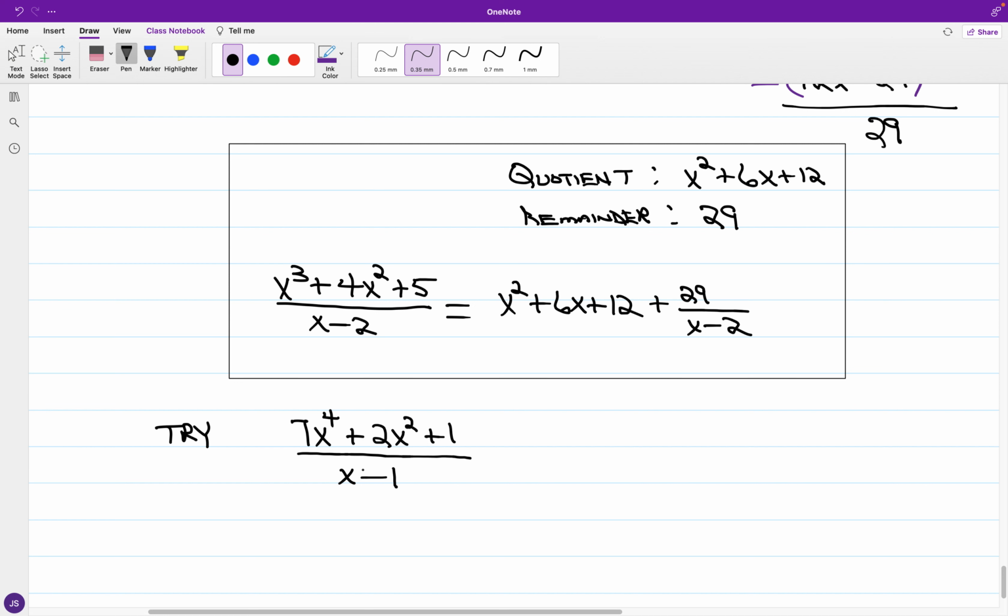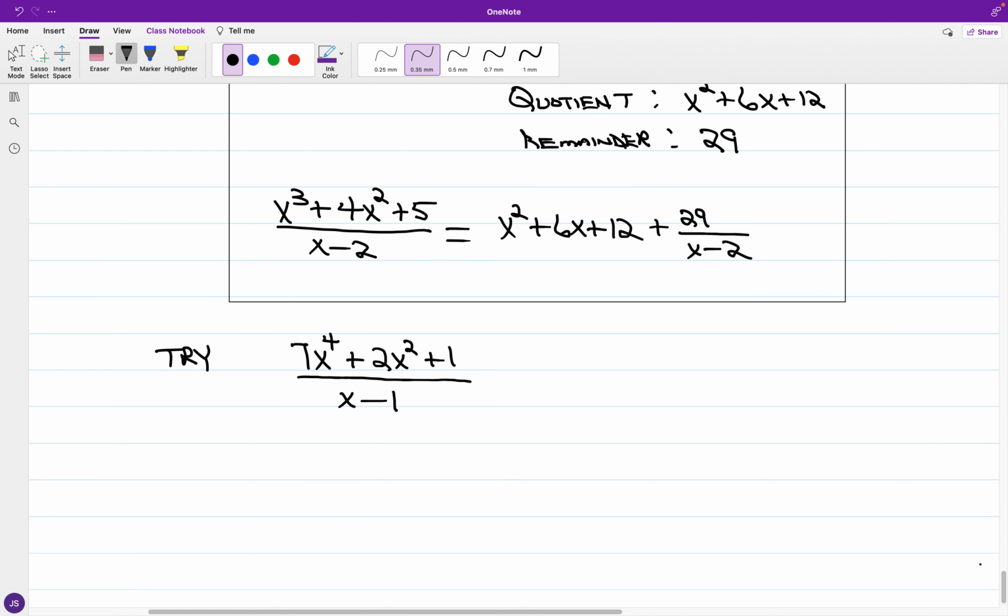Now I'll use this example as a springboard to the other type of division between polynomials, which we will have with synthetic division. But just for the next few moments through line division, let's see what we get for the quotient and the remainder of this ratio.